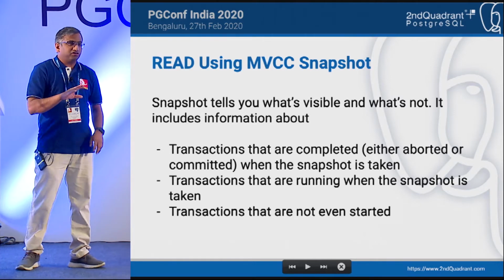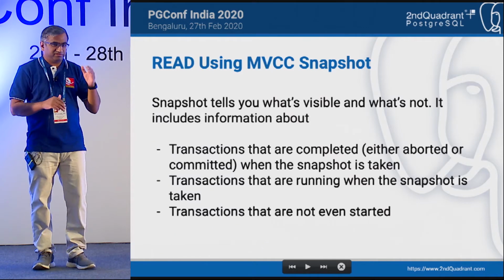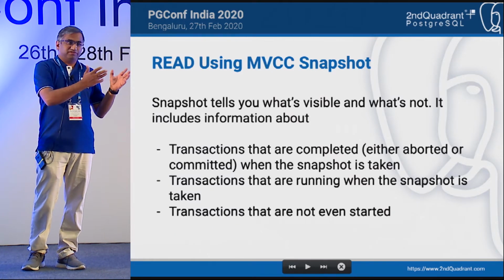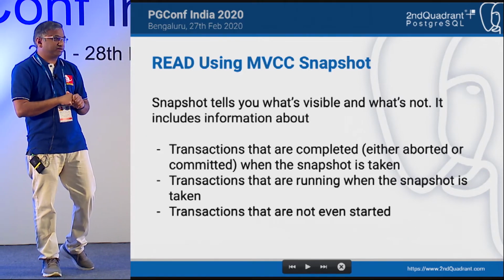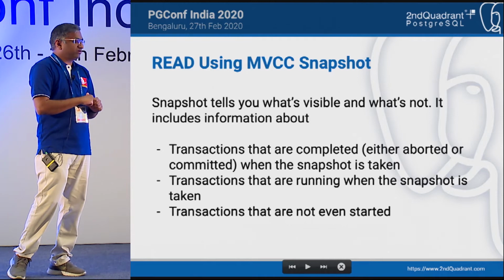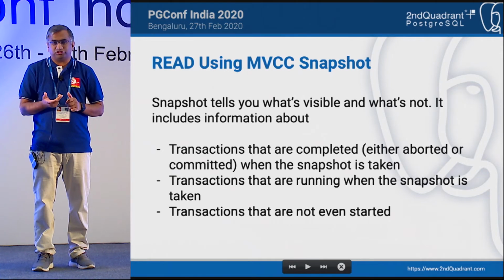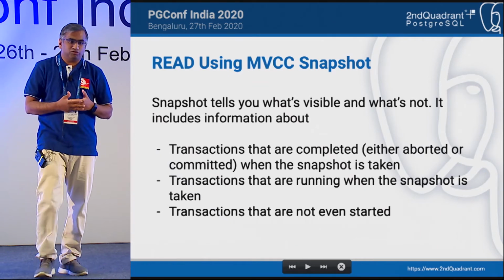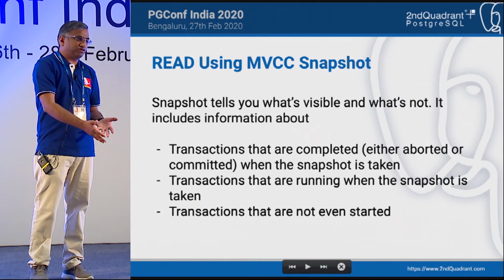So with that context, I want to talk about how data is read using MVCC snapshots. Now, we saw how the rows are stamped with creating and destroying XID, but what makes them usable is what we call an MVCC snapshot. A snapshot is nothing but my view of the database at this point of time.